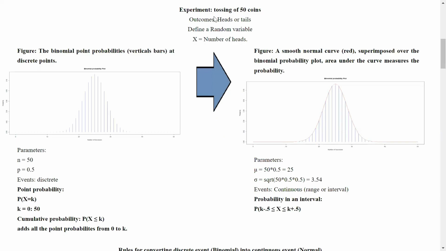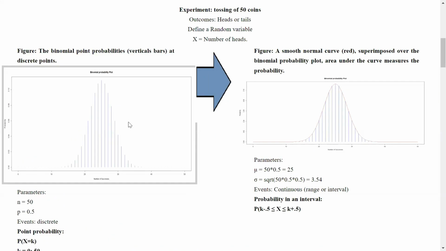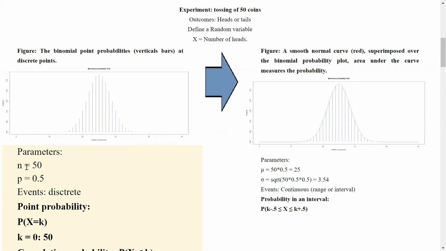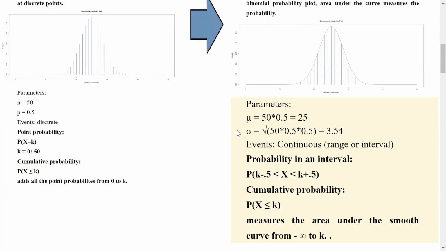Here, the outcome of these experiments are heads or tails. Let's define a random variable x that counts the number of heads in this experiment. With reference to this experiment, in the binomial distribution, parameters are n equal to 50 and p equal to 0.5, and the events are discrete here.